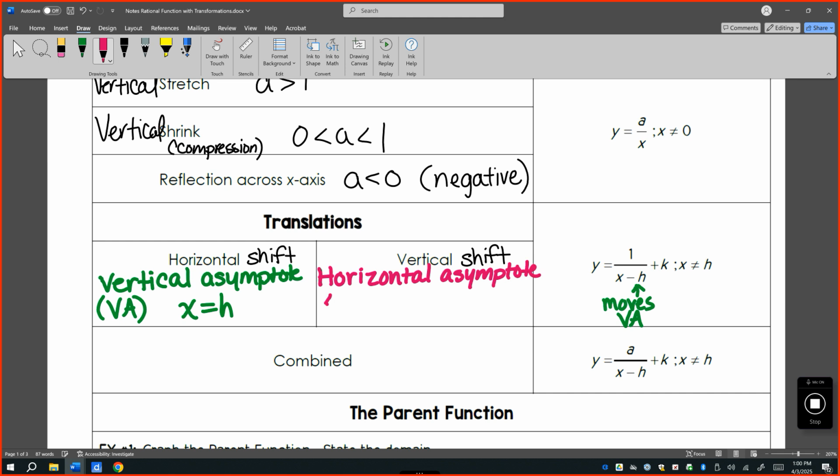And we call that HA for short, and that's going to be at y equals k, because k lets things move up and down. So I'm going to draw a little arrow here, and this moves the HA.